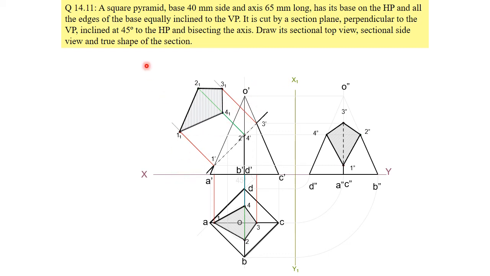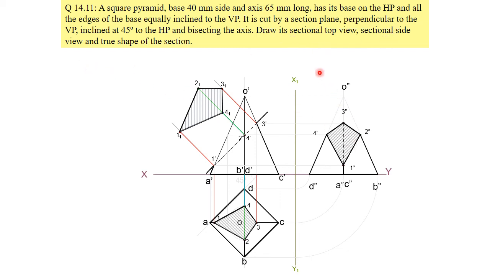When we see the cutting section, we need to draw one parallel plane, or we have to see the object perpendicular to the cutting plane. Then you will get the true shape of the object.